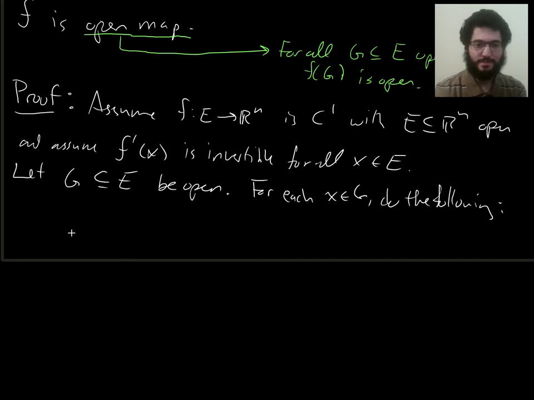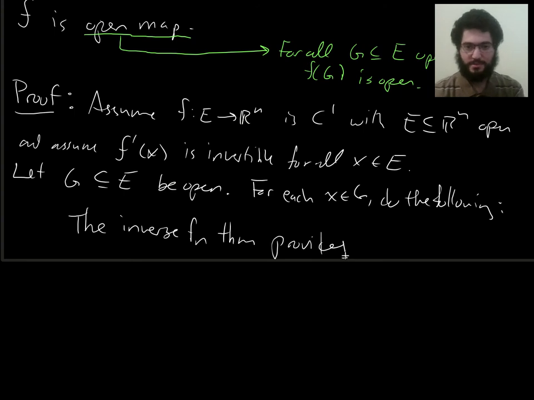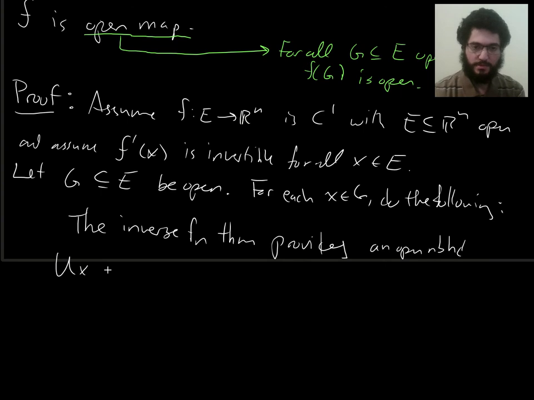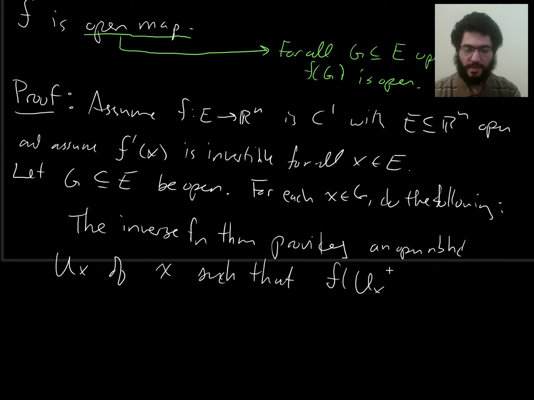So for each x in G, the inverse function theorem provides an open neighborhood, u sub x, of x, such that the image of u sub x under f is open.